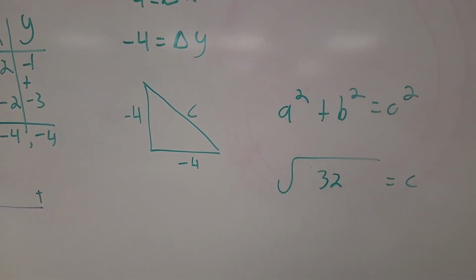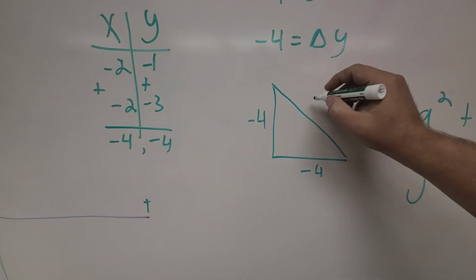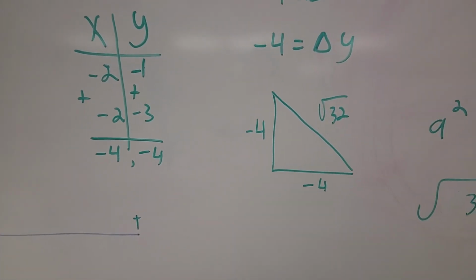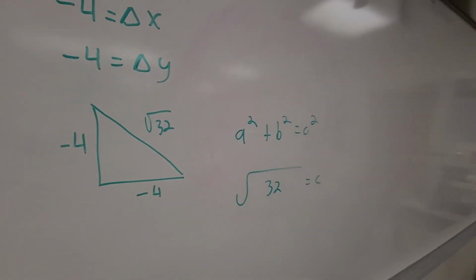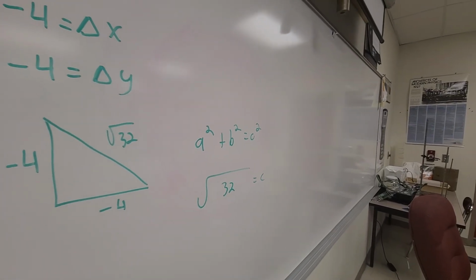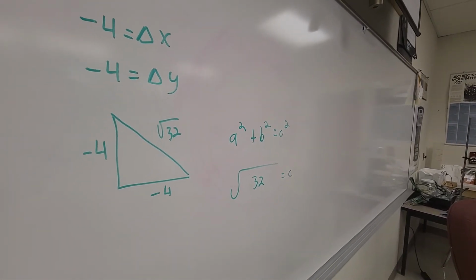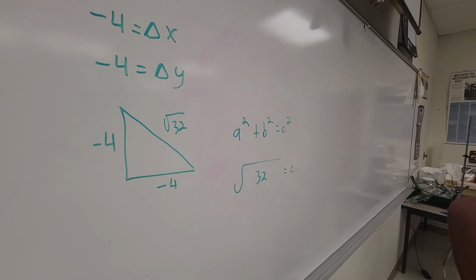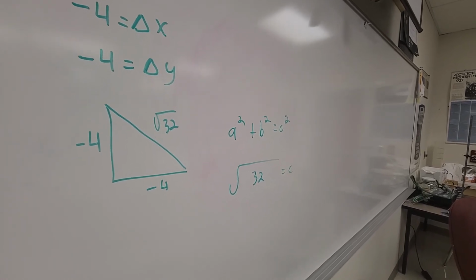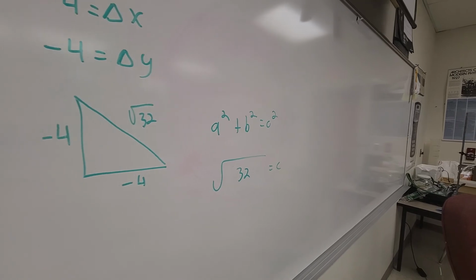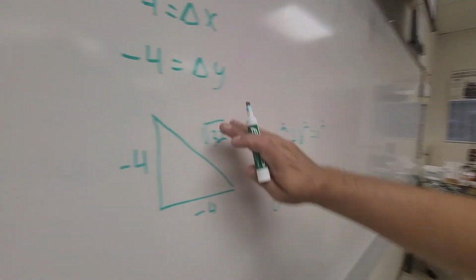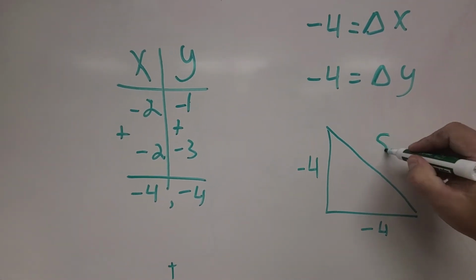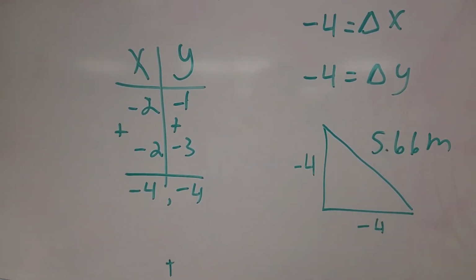We end up with the square root of 32 being the total distance I traveled across our floor from end to end. Now let's simplify that and make it more reasonable, because to keep the square root, it's right, but it doesn't mean anything to me personally. So the square root of 32 is about 5.66 meters. Cool.